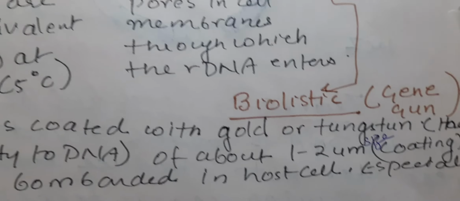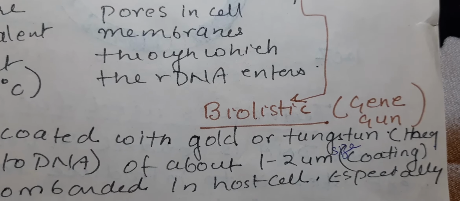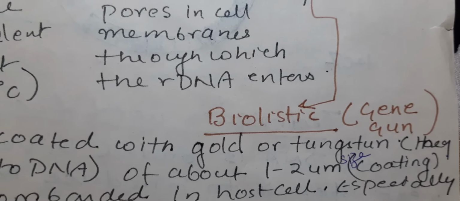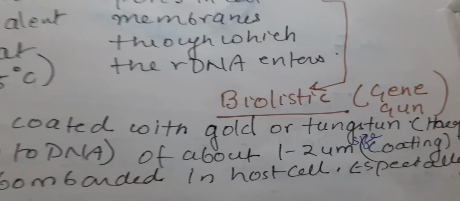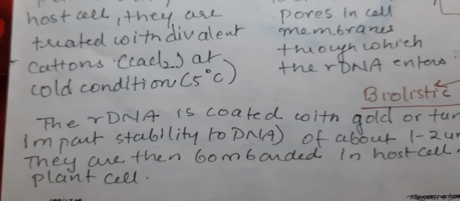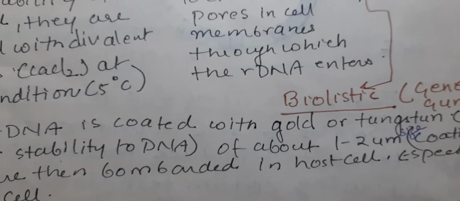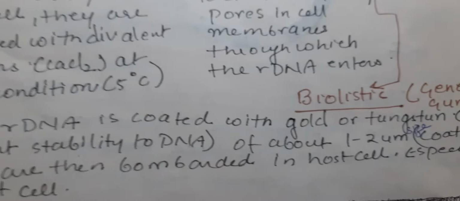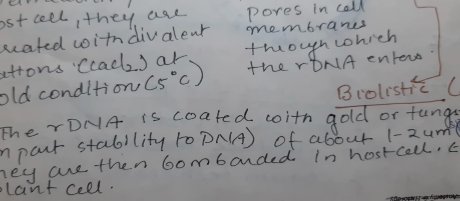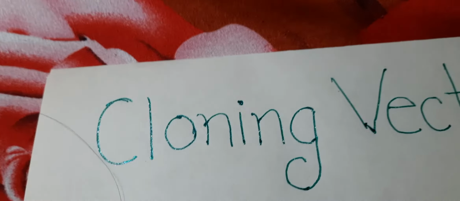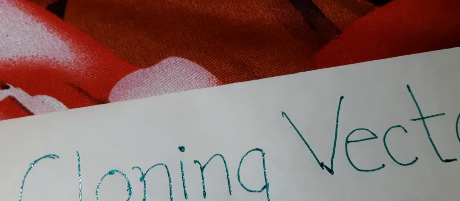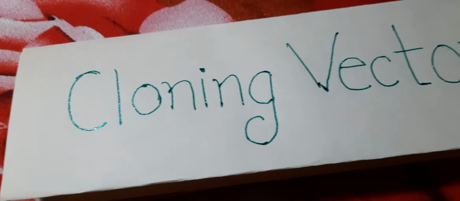Tungsten and gold particles of about 1 to 2 micrometer in size are formed after coating, and then they are bombarded into the host cell by using the gene gun. This is especially used for plant cells where the cell wall is present. So these different methods are used in different situations to introduce the DNA.